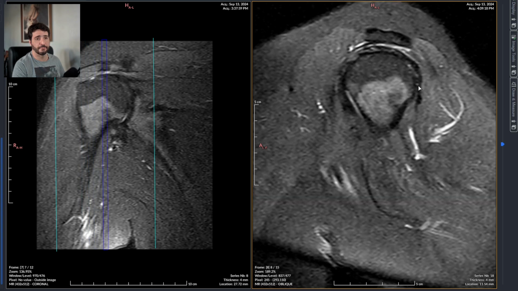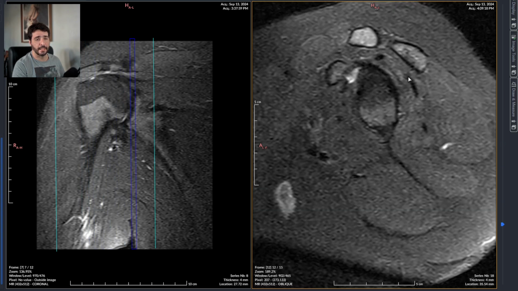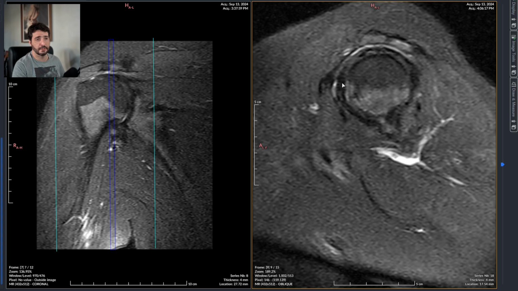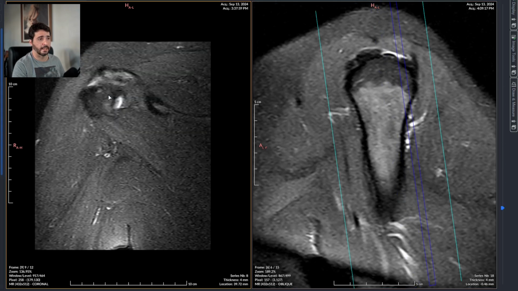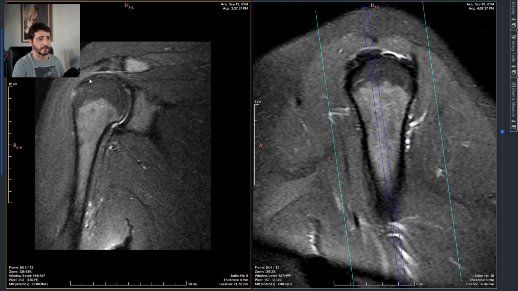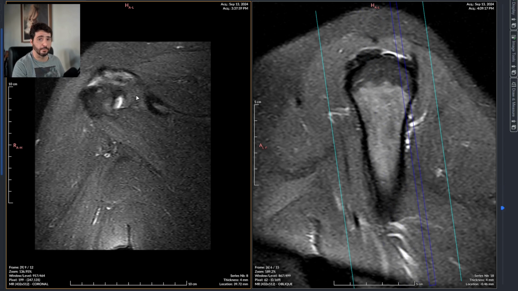So I have a very homogeneous and dark infraspinatus, teres minor and subscapularis tendon, and the supraspinatus is kind of inflamed, so this is a tendinitis. We have bursitis, osteoarthrosis, and tendinitis. All of those are very common causes of pain on the shoulder.